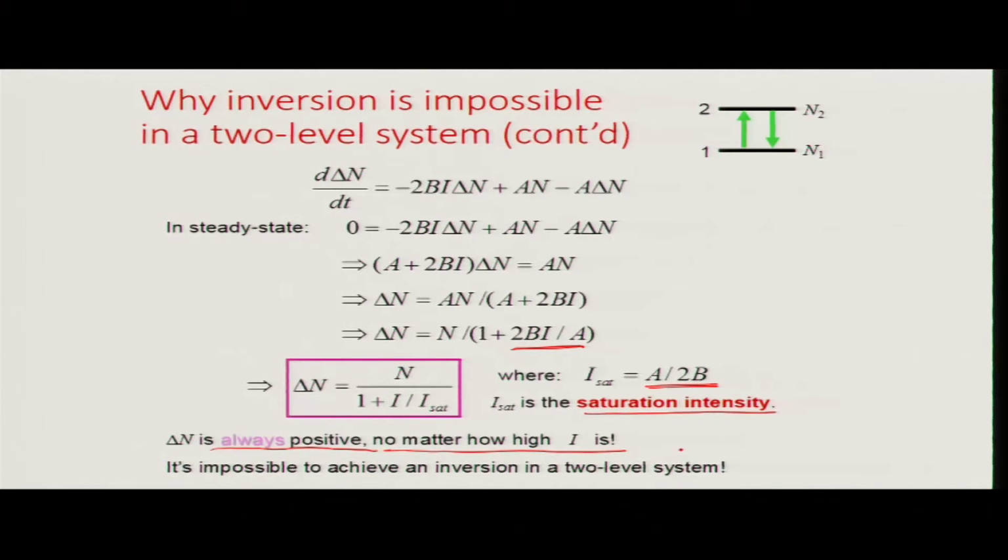So, it is therefore impossible to achieve an inversion for a 2-level system. That is the basic reason why we cannot create an inverted system for a 2-level system, because no matter how hard we try, the best we can achieve is an equilibrium between the ground and the excited state.